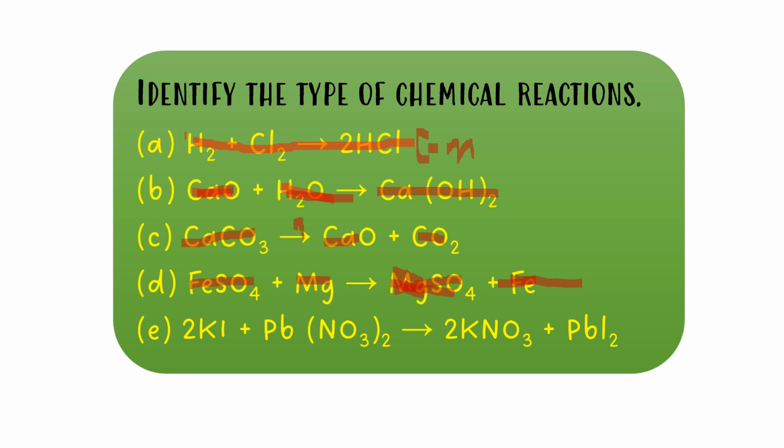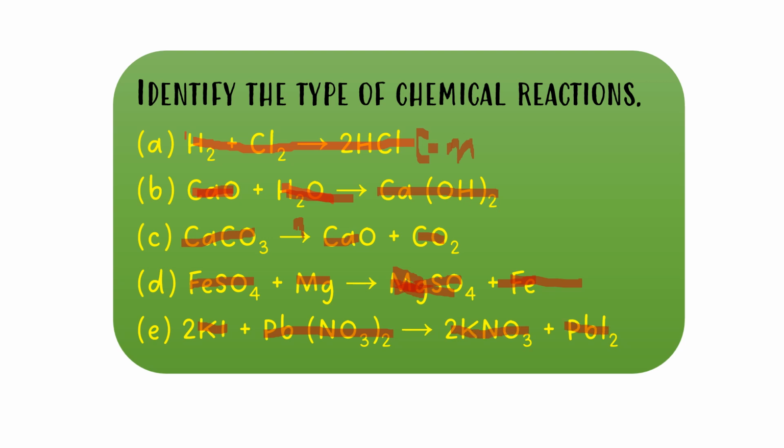Last question for this topic is KI plus Pb(NO3)2, that is potassium iodide and lead nitrate. They form potassium nitrate and lead iodide.